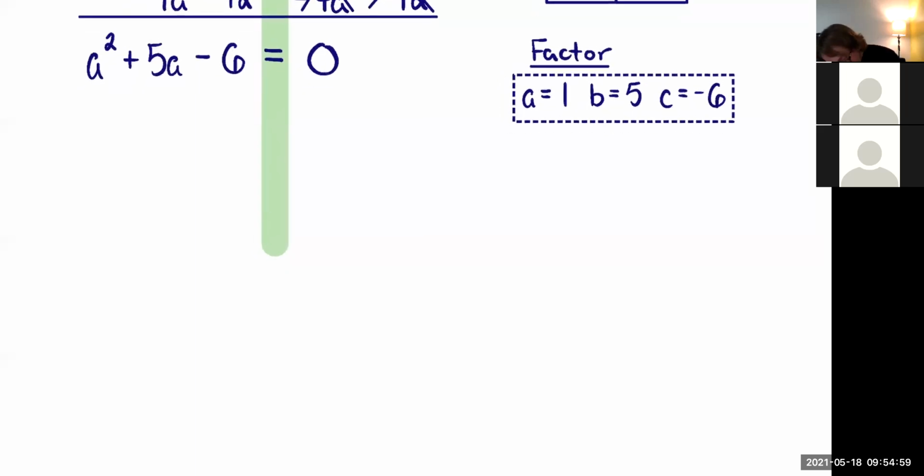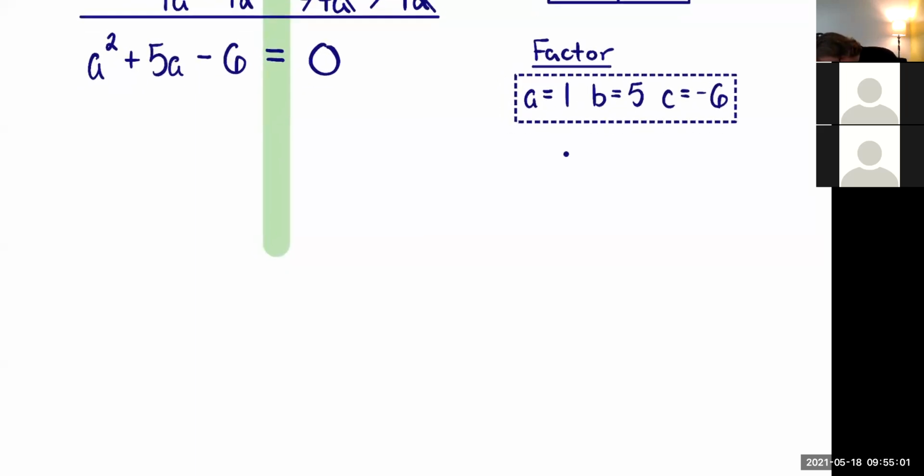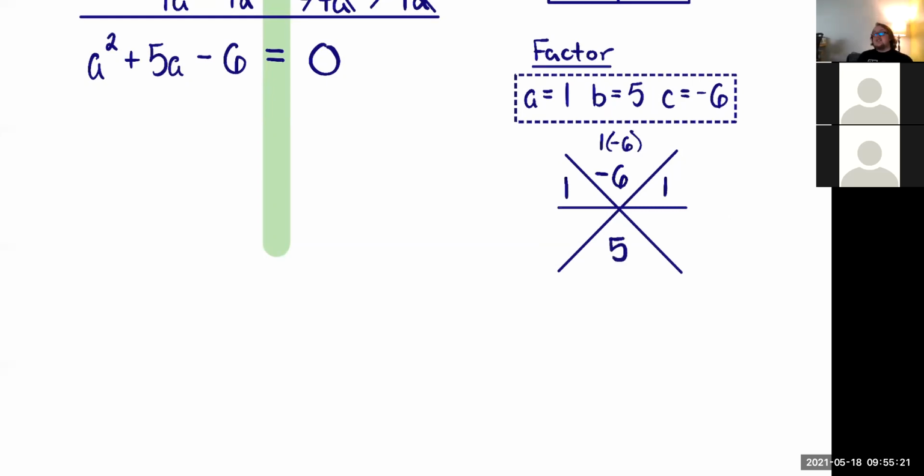So we say, okay, we're factoring. So I set up my asterisk. We already considered the greatest common factor. On top, we'll have A times C. So we have 1 times -6, which is -6. A on either side are 1s. B on the bottom is 5.